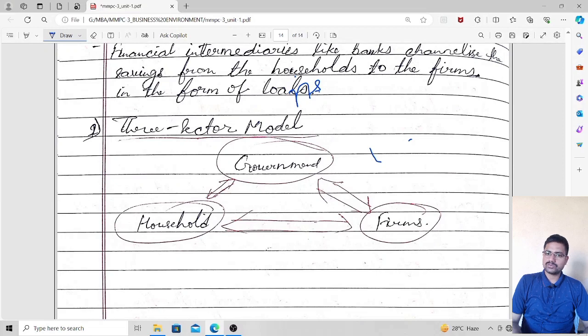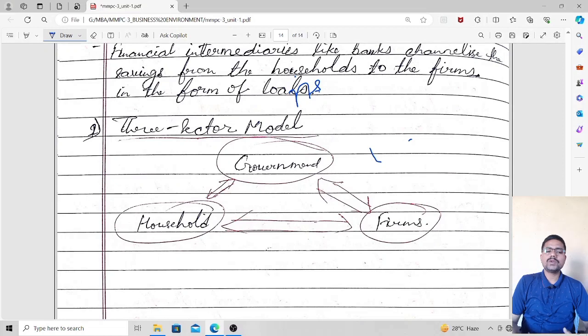Households also work in the government sector, and the government in the same way provides different benefits to the households and to the firms also. Firms also help governments, and the government in return provides different facilities to firms. So there is interaction among all these sectors.